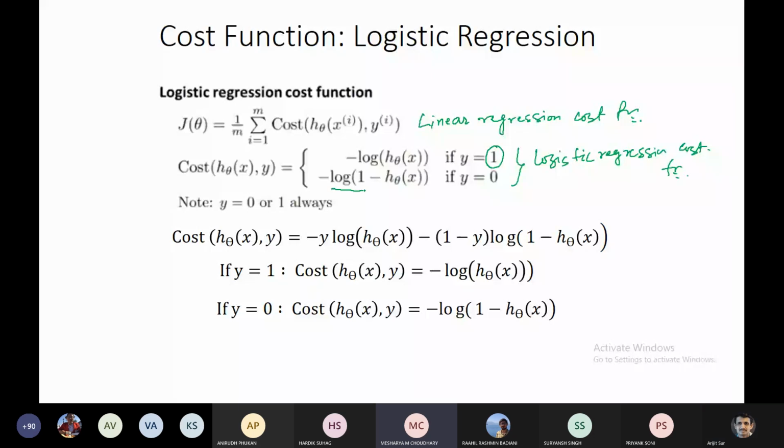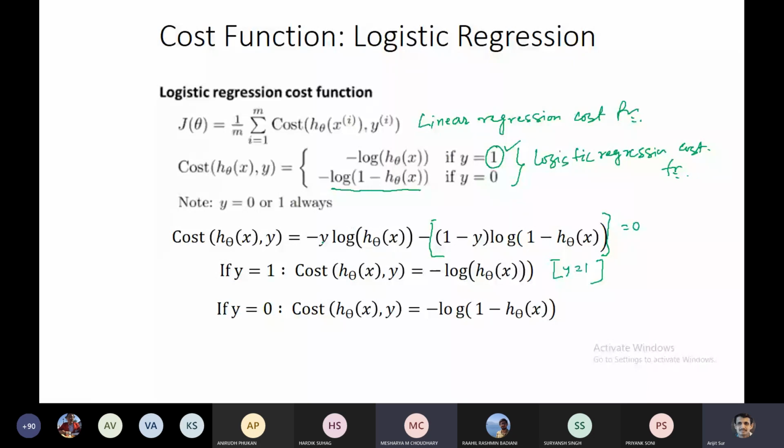Now you see, when y is equal to 1, then 1 minus y is 1 minus 1, which is 0, so this part becomes 0. So the cost becomes minus log of h theta x, because y is equal to 1. And if y is equal to 0, then the first part will be 0, so it's minus 1 minus y, which is 1, times log of 1 minus h theta x.